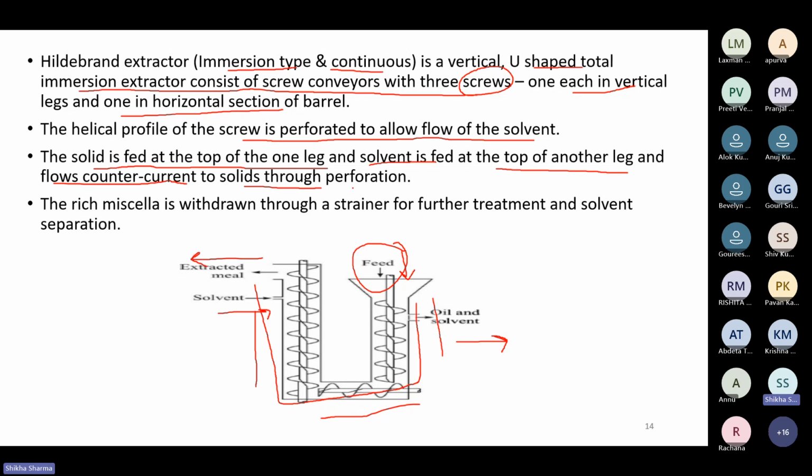So it flows in the opposite direction, and the diffusion of oil happens. The rich micella is withdrawn through a strainer for further treatment, and the solvent is separated.